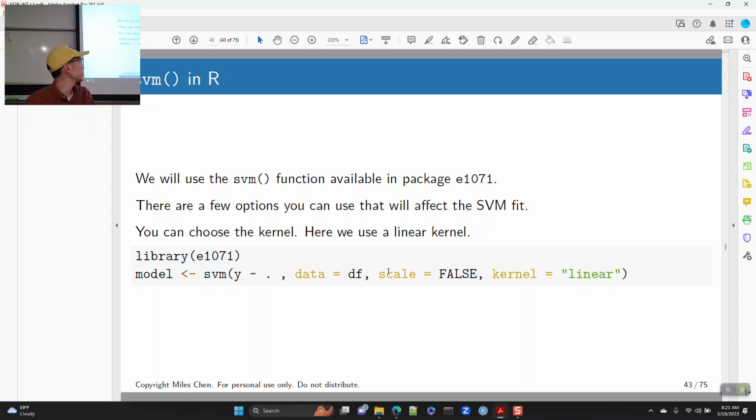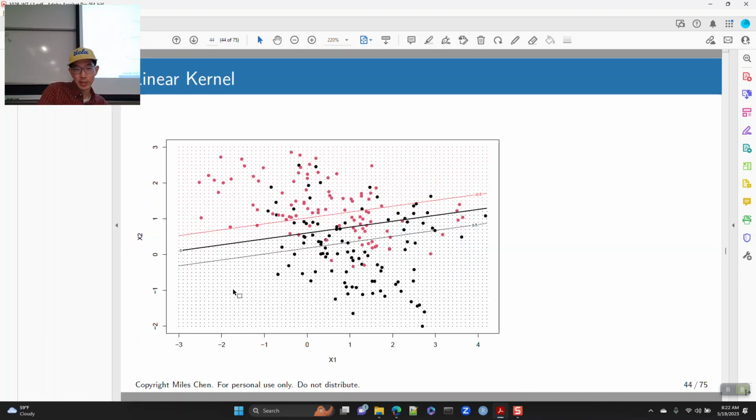SVM has been implemented using the package e1071. There's probably a few other packages that also implement support vector machines. We're not going to bother trying to do this by hand. Our Y is the classification, and we're going to separate our classes here.